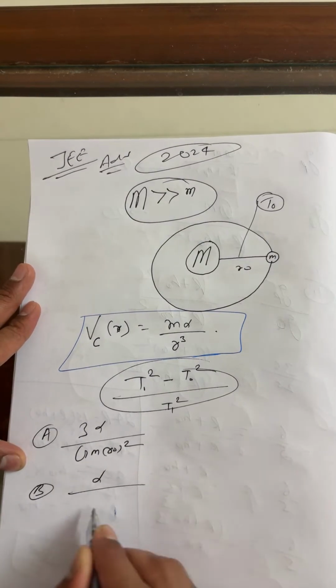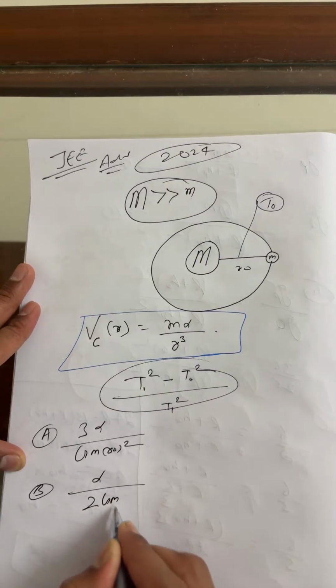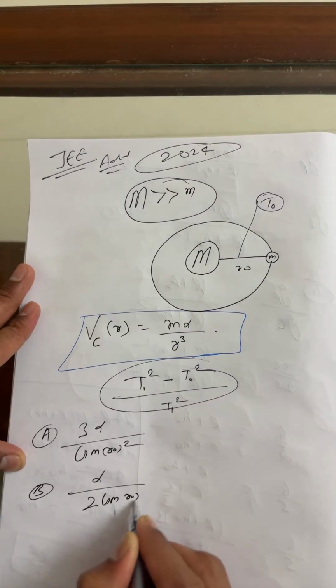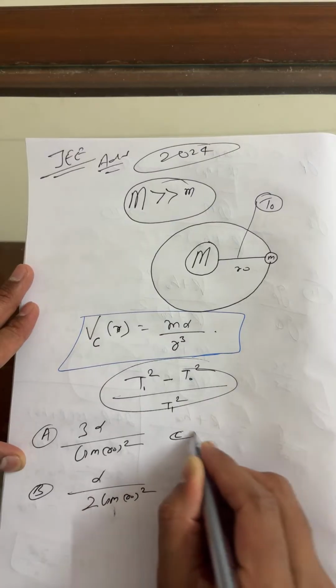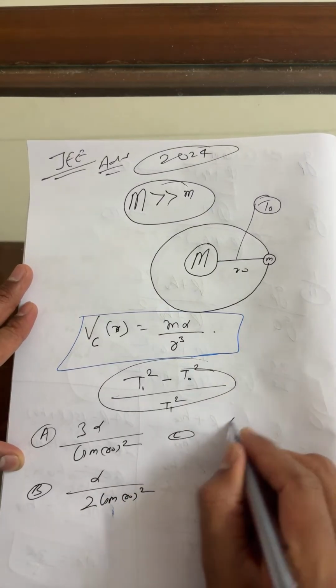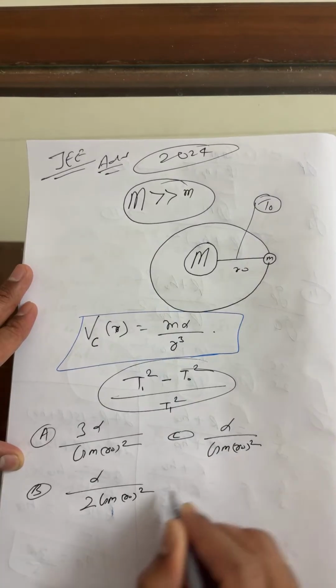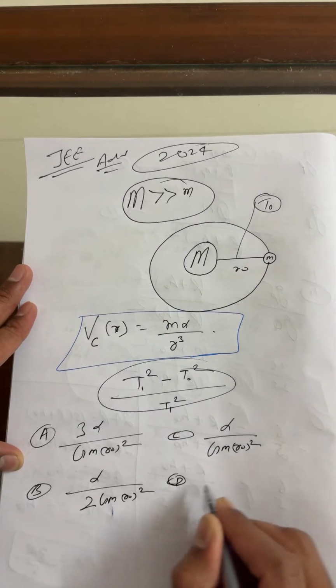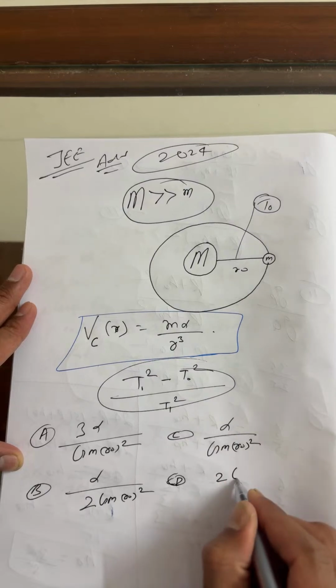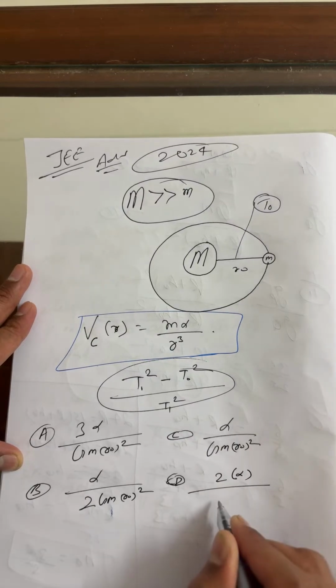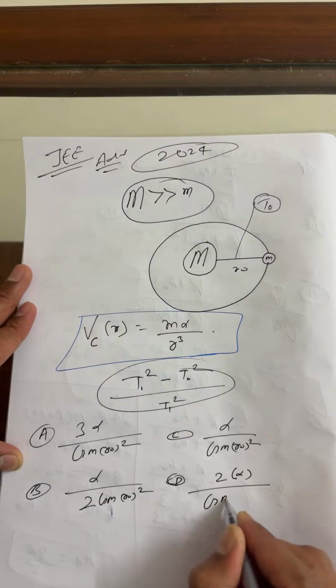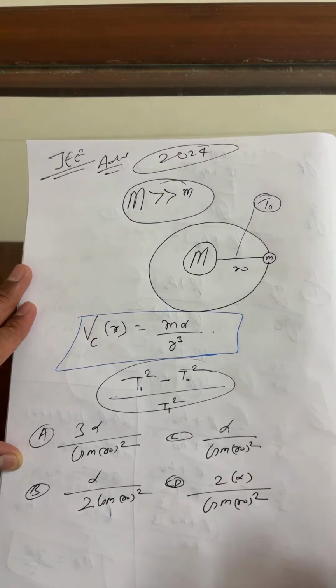Next, alpha twice GM r naught whole square. Option C, alpha upon GM r naught whole square. Next is 2 alpha upon GM r naught whole square.